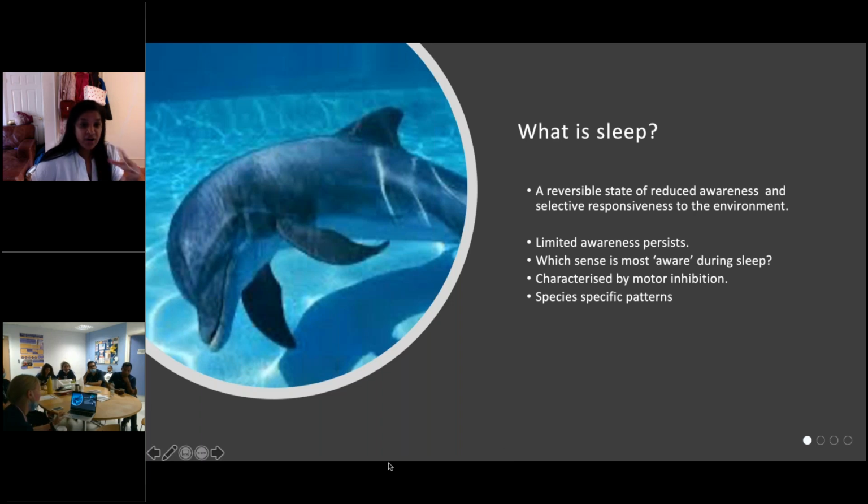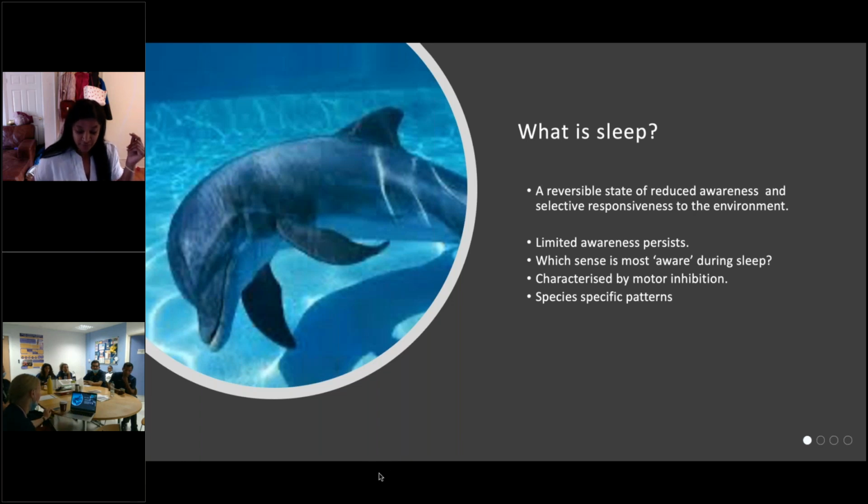There's a reason why I've put a dolphin there. Does anybody know why? So a dolphin is able to stay awake because it's able to put half of its brain to sleep and the other half stays in the awake state, and it swaps that over. The reason why dolphins don't drown is because they're able to stay awake.